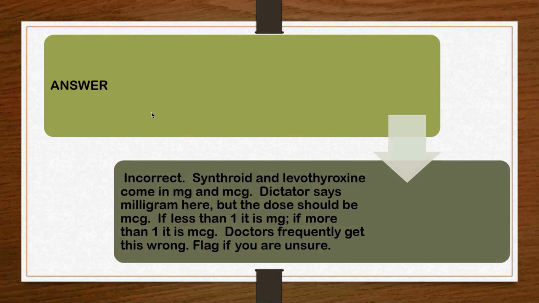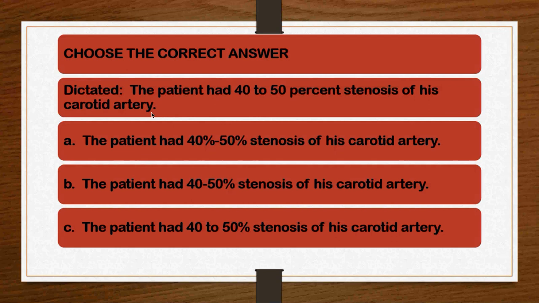So the dictator will lots of times say the incorrect thing. But if the dosage is less than 1, it's a milligram. If it's more than 1, it's microgram. So 150 would be micrograms. This is something you need to be aware of. Synthroid, levothyroxine, flag if you're unsure. Once you start working, you can change it on your own because you know it's correct. But for now, flag it if you're unsure. But doctors frequently get this one wrong.